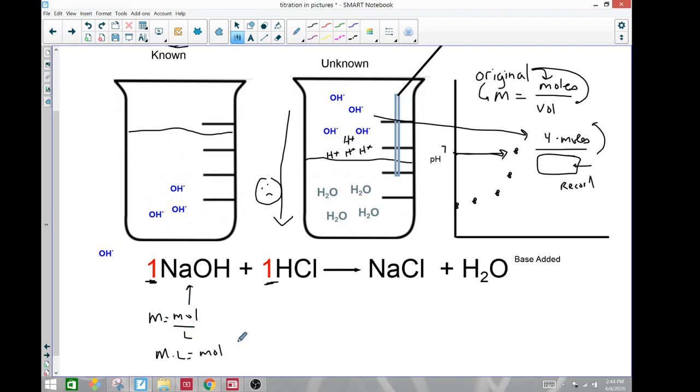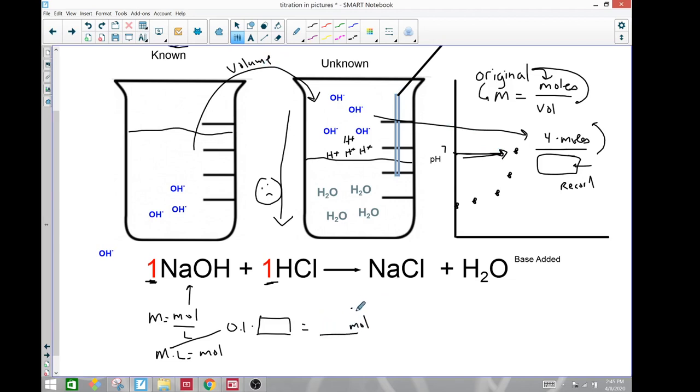All right. So it tells me, or I know already, that this molarity is 0.1, and I would need to know the volume that I added of this stuff into here. Now here I counted individuals, but I need to know the volume that I added. If I know the volume it took to get to my pH of 7, then I would know the moles it took to get to 7.